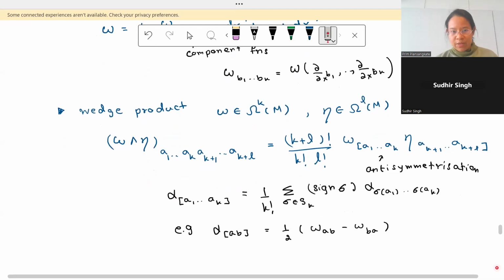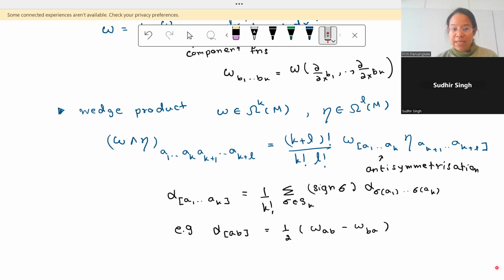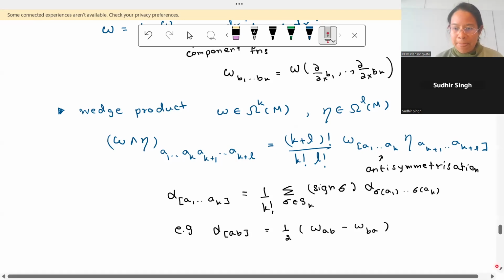For example, if you have a covariant two-tensor alpha with indices A and B, then anti-symmetrize, this will be k equals 2, and you just take the two index orderings, so you have A, B, and then B, A, with some weight.